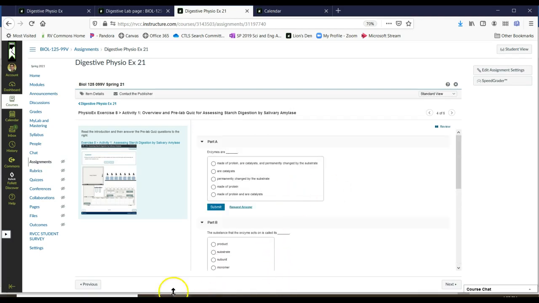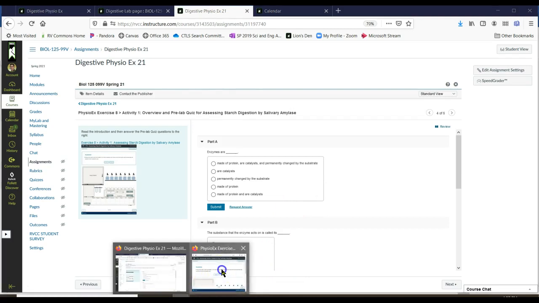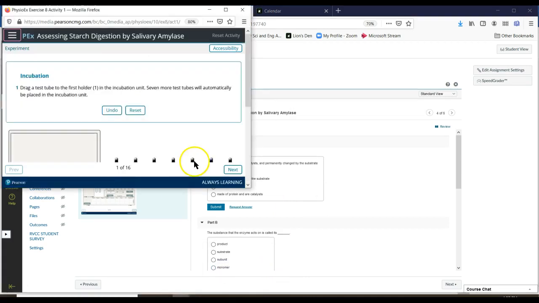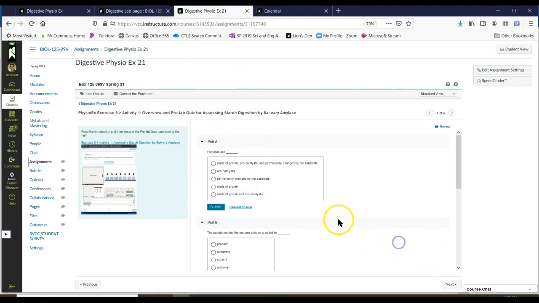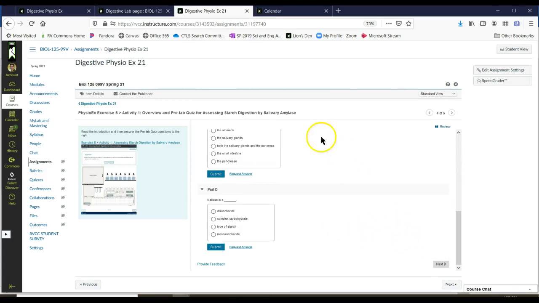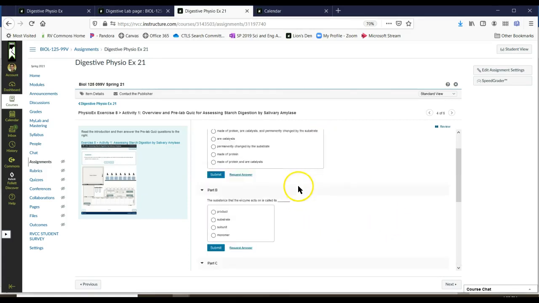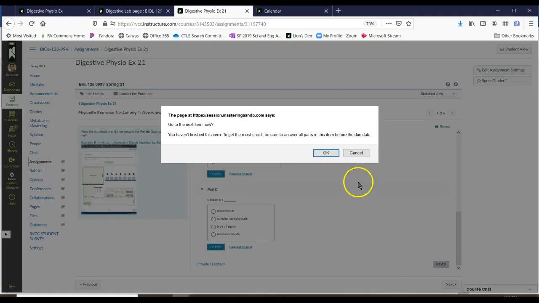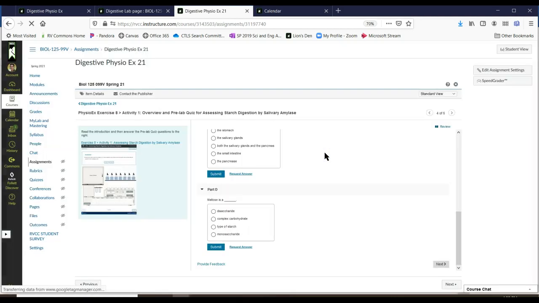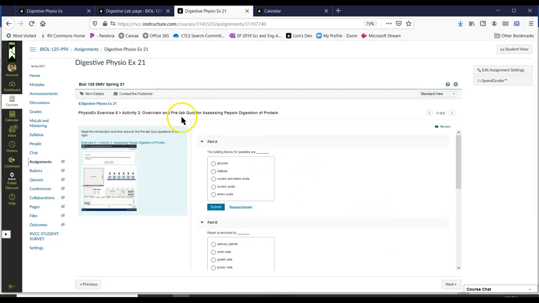Then go back to here, do the activity. Then the tricky part is after you're done with the activity, and I should say when you do the pre-lab quiz, don't hit next, because when you hit next, it now takes me to the pre-lab quiz for the next thing, and we don't want to do that.